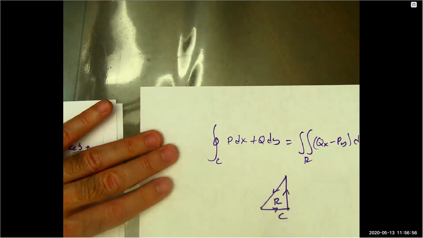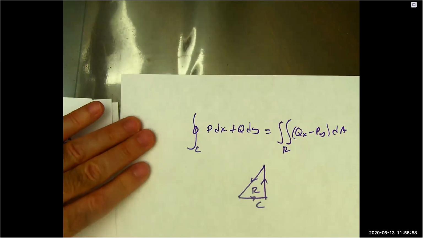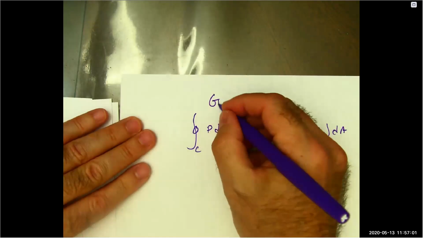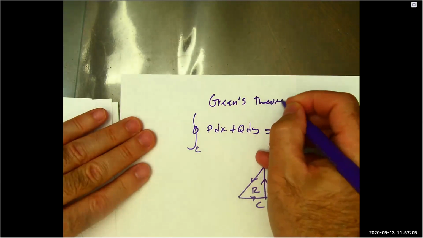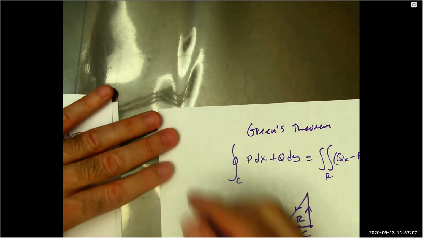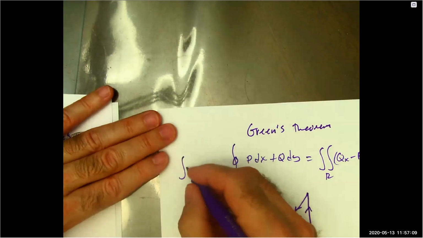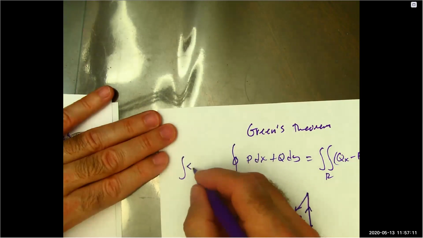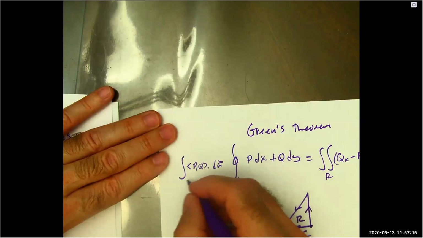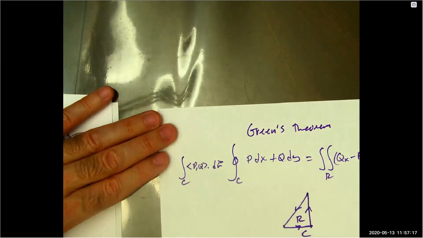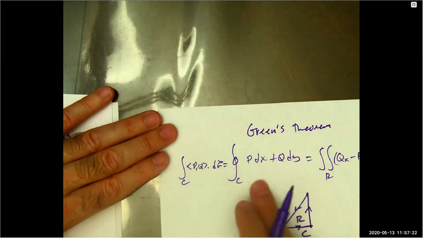This was your boundary curve. And so that was Green's theorem. Remember that this is the same thing as this vector field PQ dot dr. It's just another way of writing that, as opposed to the differential form.